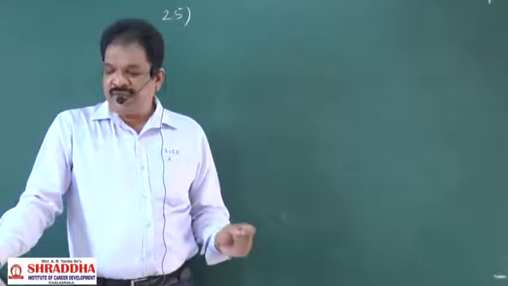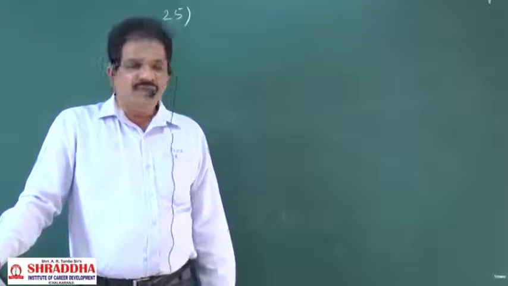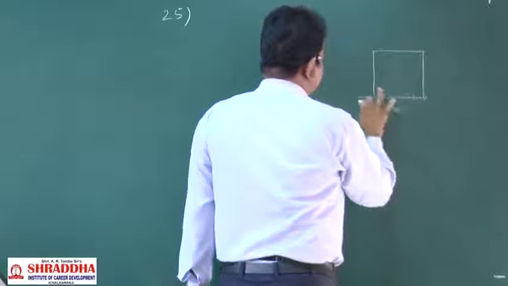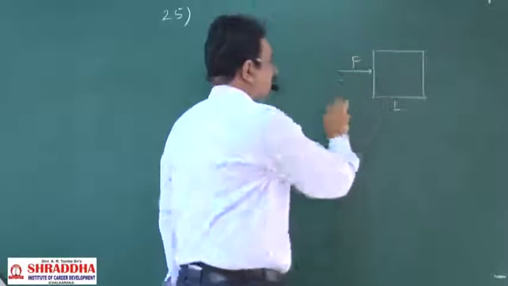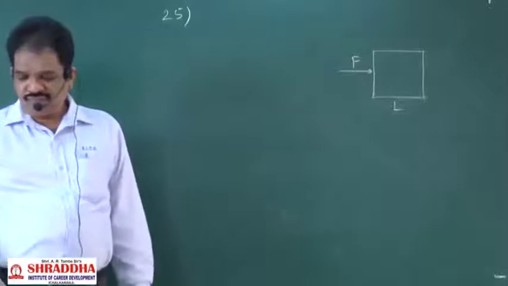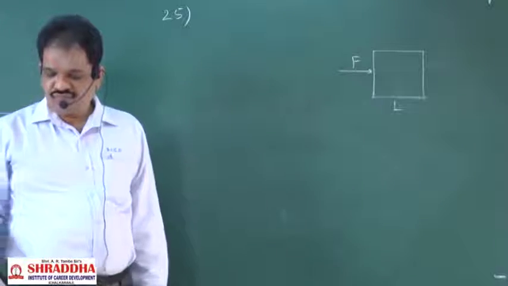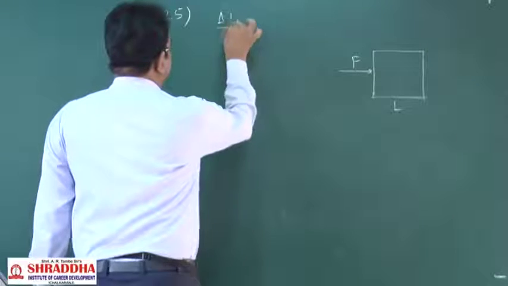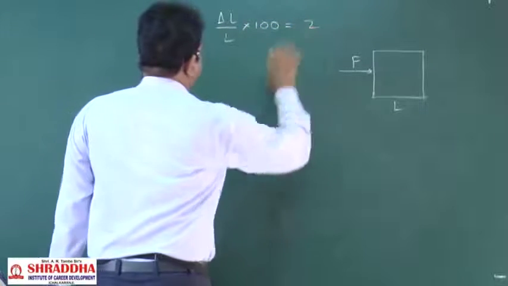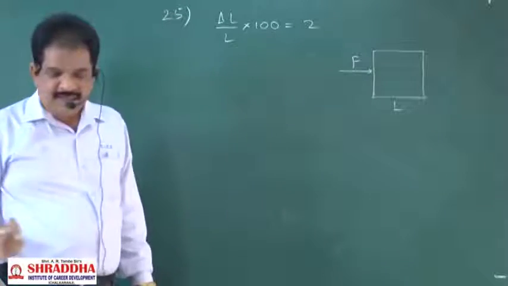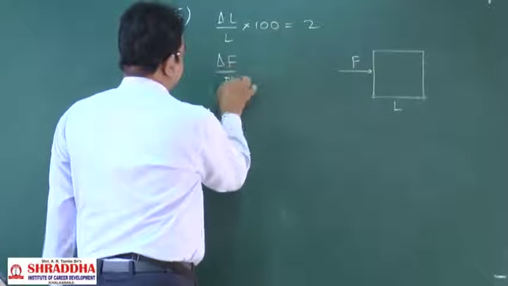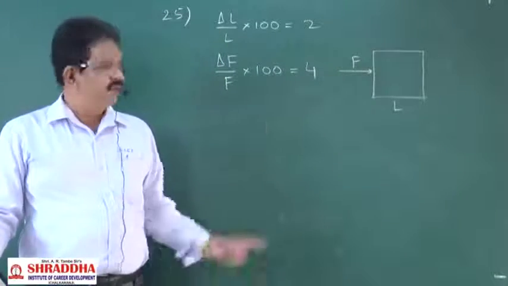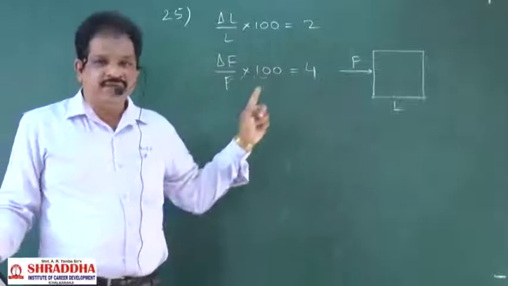A force F is applied on a square plate of side L. Force is applied on a square plate of side L. Percentage error in the measurement of L will be 2%: delta L by L into 100 is equal to 2.